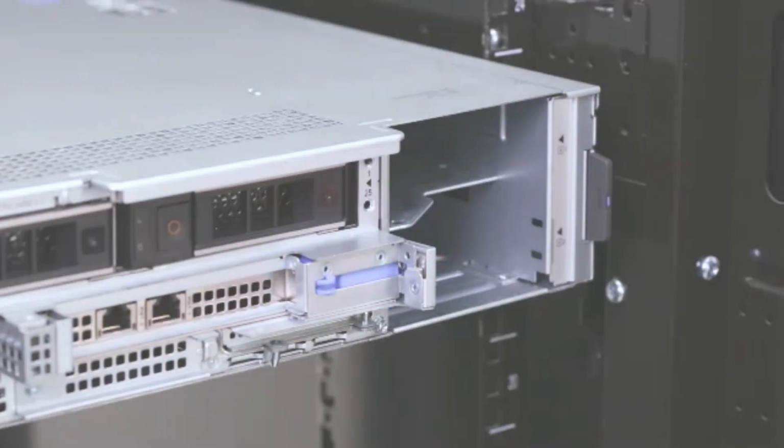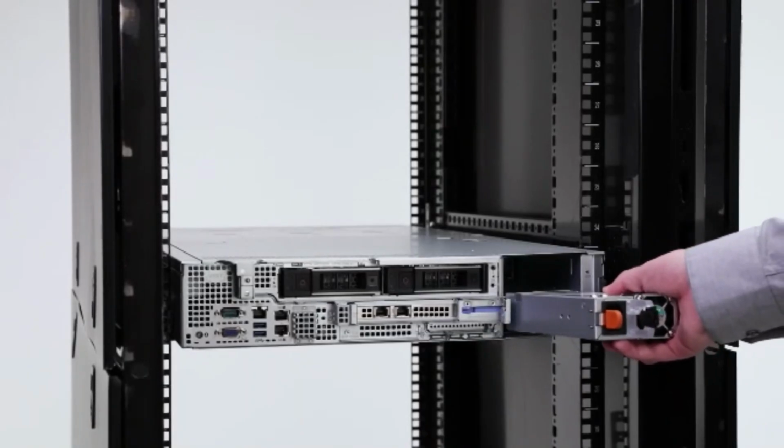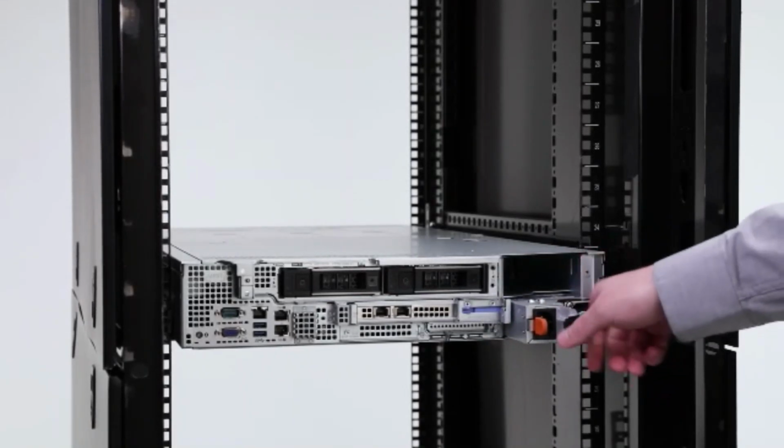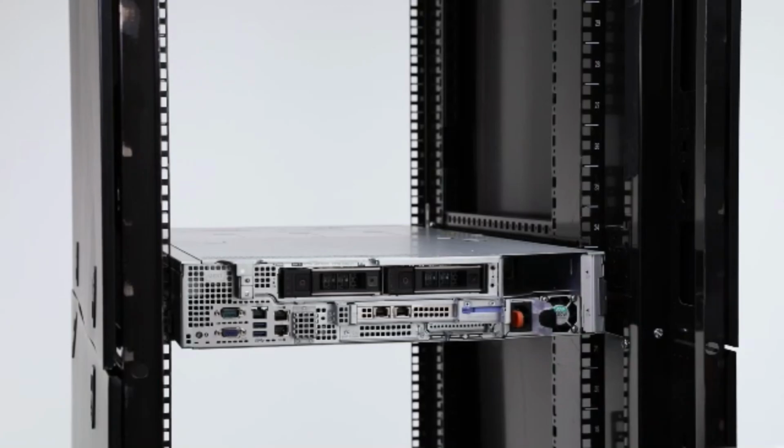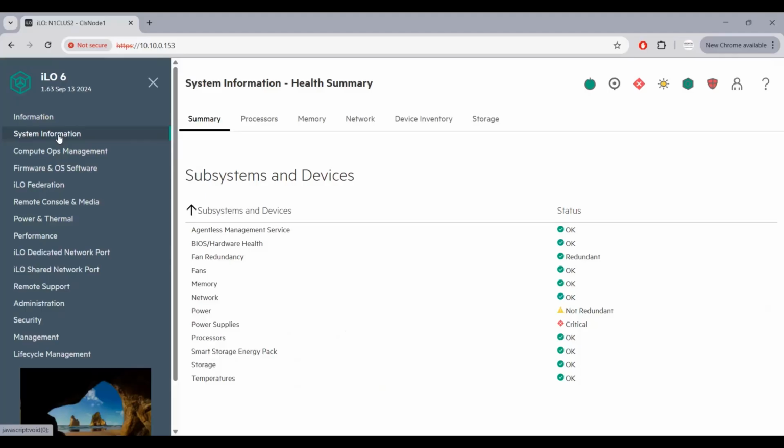That is why, when I went to the summary option, it highlighted a critical issue: you need to place another power supply inside the server as well. So that's why this error occurred over here. If any other component fails or is not redundant, this will provide all these kinds of information.